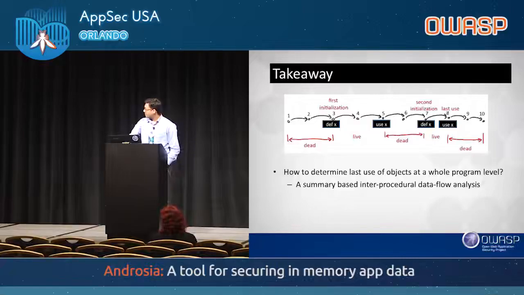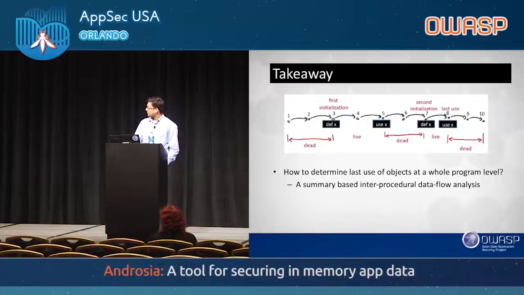So the idea from this diagram is that before statement 3, x never existed. So we can say that x was dead between statements 1 and 3. However, x was initialized at statement 3, and it is being used at statement 5. So we can say that it is live from statement 3 until 5.